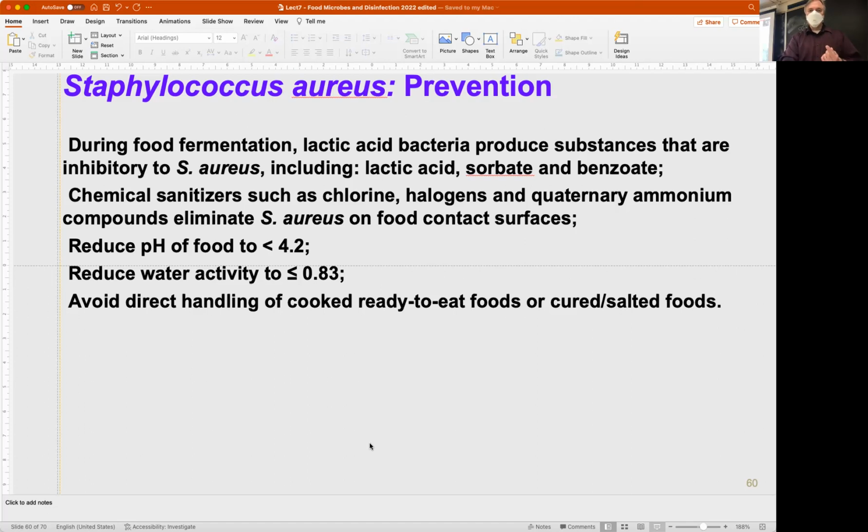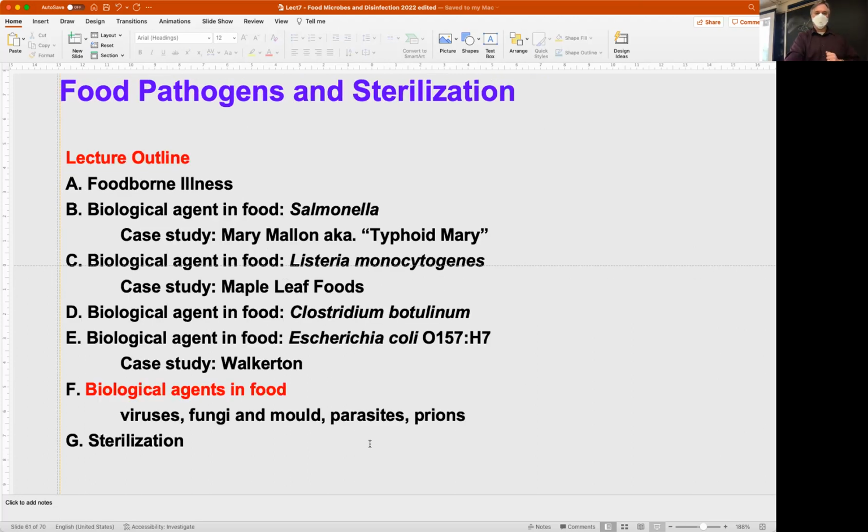We also have chemical sanitizers like quaternary ammonium. If you reduce the pH of your food to 4.2, that helps too. And that was it for Staph aureus.